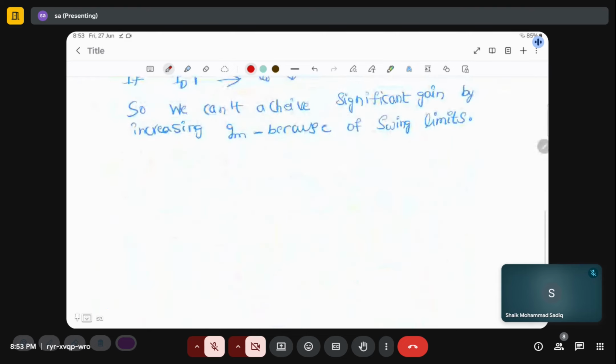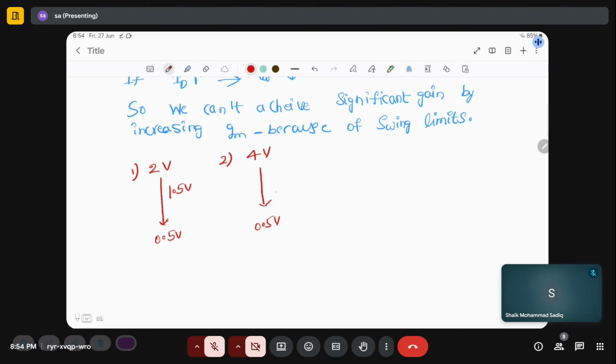See, if my VDD is 2 volts, let us say the saturation condition is 0.5 volts. The difference here is 1.5 volts. In the other case, if I increase VDD to 4 volts, still this condition for saturation will be 0.5 volts only.